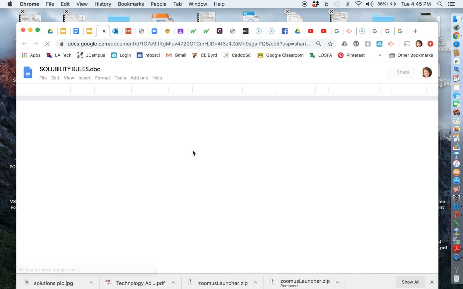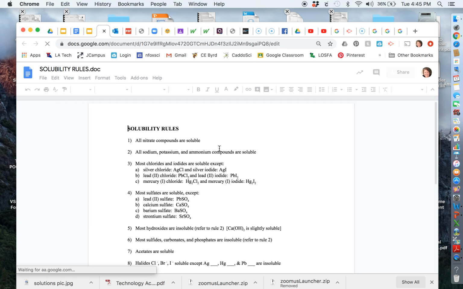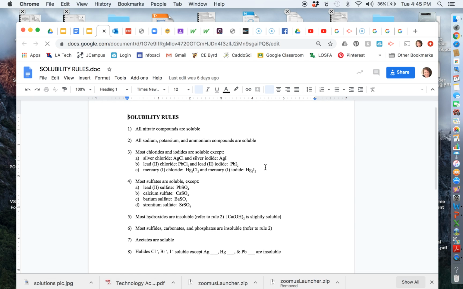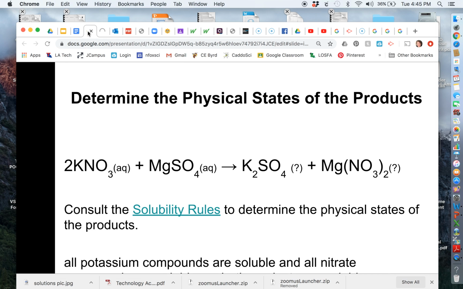I've got a link in this presentation where you can go directly to the solubility rules, and you should have these in your notes. Another thing you might see is a solubility table. You consult these rules to determine what will stay dissolved in a solution and what comes out as a solid.